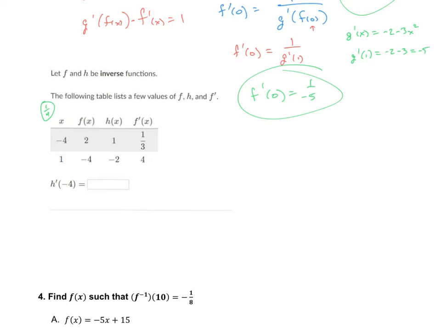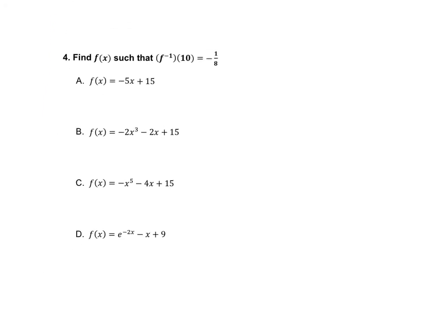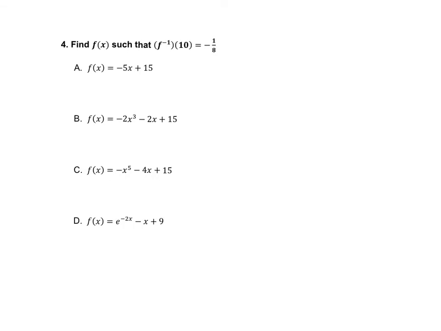And now let's look at this last one, because it's a pretty interesting problem. This is kind of an AP style question that's going to be a little more difficult than normal stuff. There is one typo here, and the typo is we want this to be the derivative of the inverse of f of 10 equals negative 1/8.